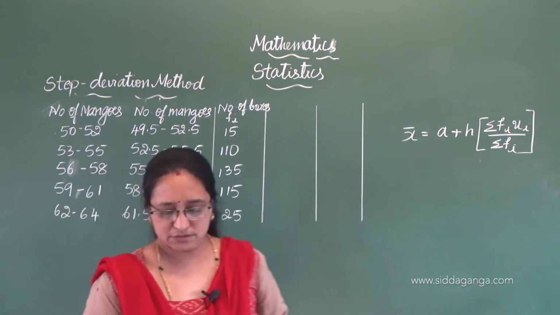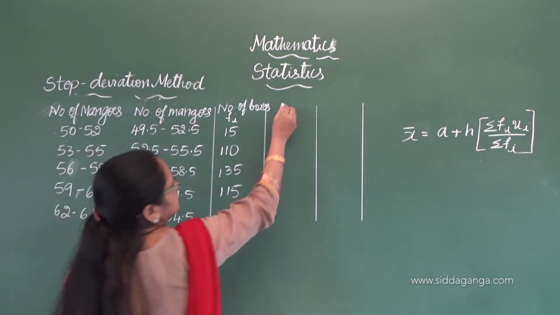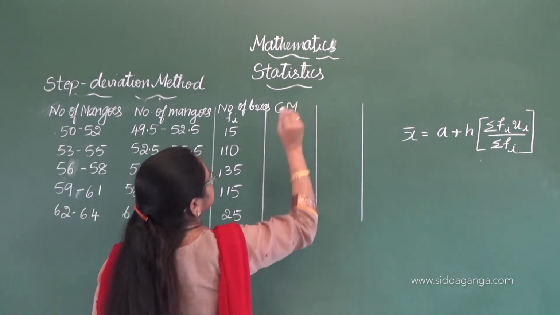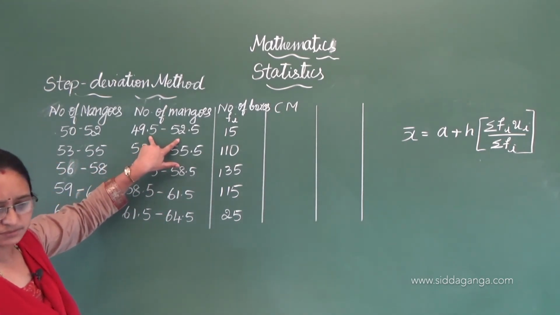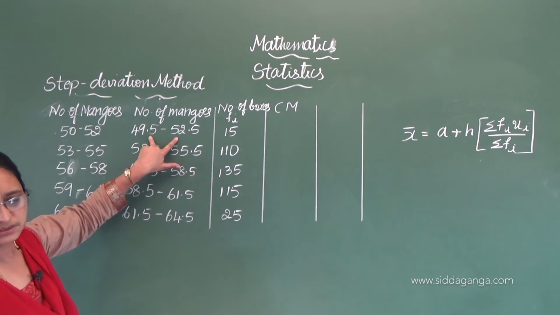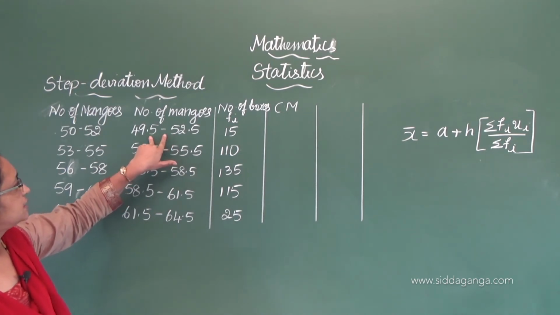Next, class mark, you all know. So you all know how to find out the class mark. The middle of this: add and divide by 2.